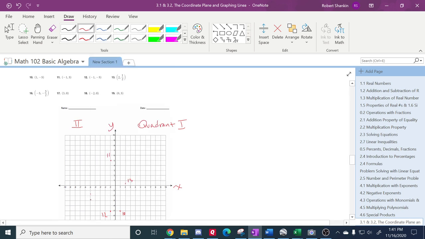There we go, and it's 16. And then 17 is 3, 0.